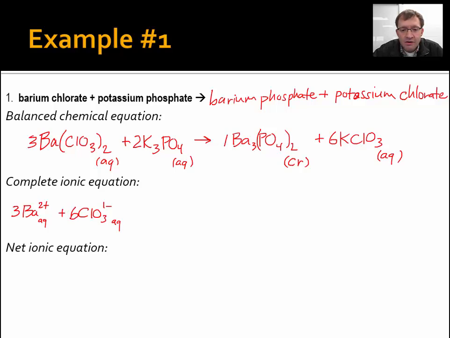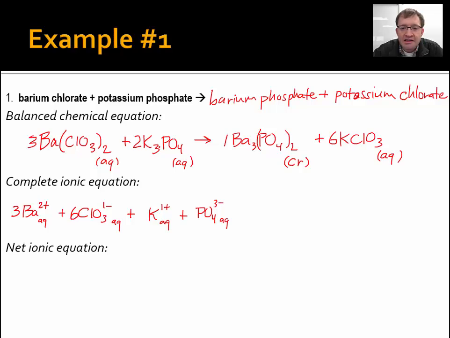So 6 chlorates. And then potassium phosphate will split too, because it's aqueous. So this will split into potassiums, +1, aqueous, and phosphates, -3, aqueous. And again, we want to show the coefficients taking place here.